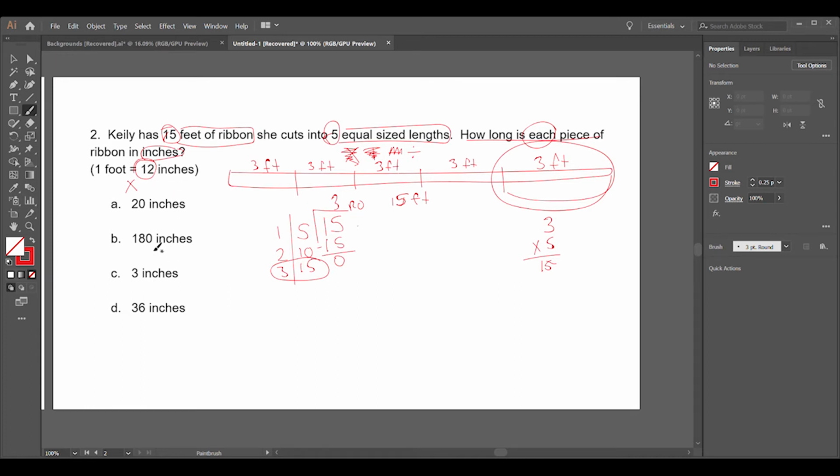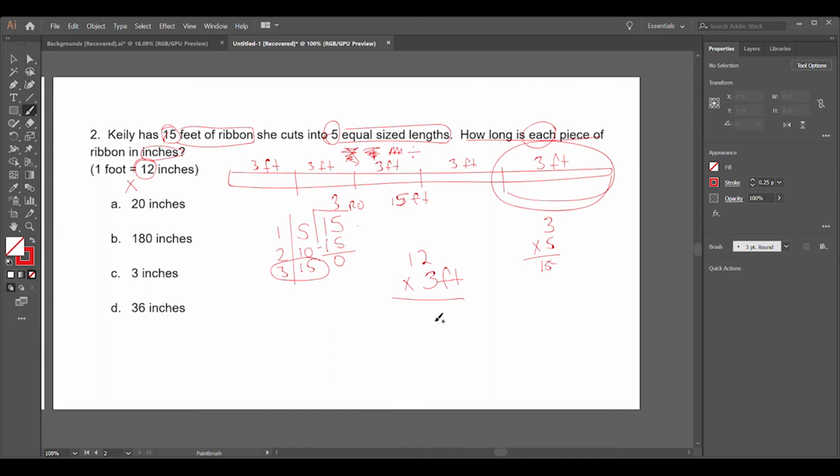So let's take our piece here, 3 feet. To convert this into inches, I'm going to have to multiply by 12. I'm just going to put my 12 up at the top there, just to make my life easier.